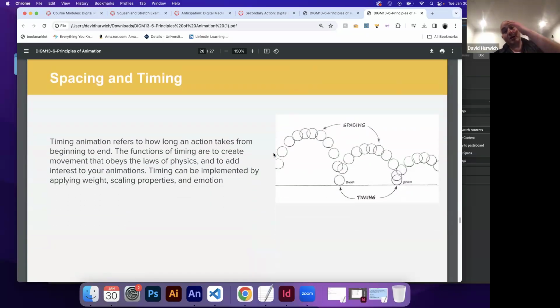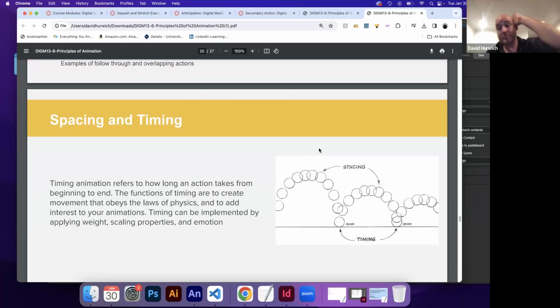We talked about this earlier, but spacing and timing: spacing sets up the timing, how fast or how slow your action appears. We want things to feel correct. If something feels too slow, it feels off. If something feels too fast, we want to go back and fix that.